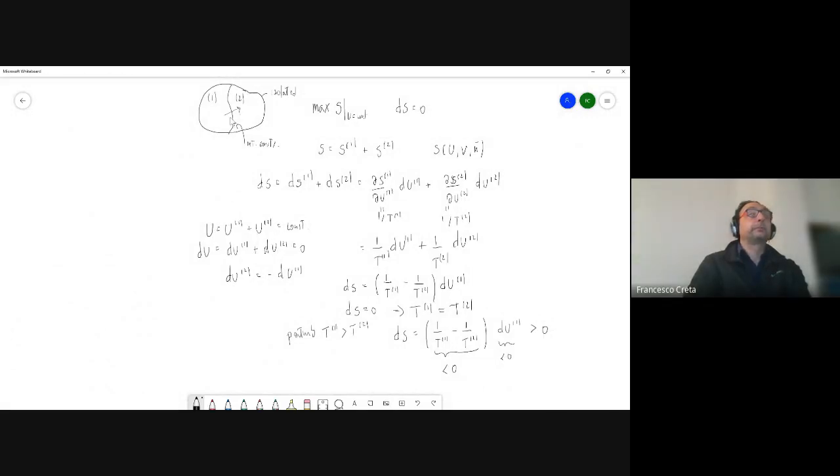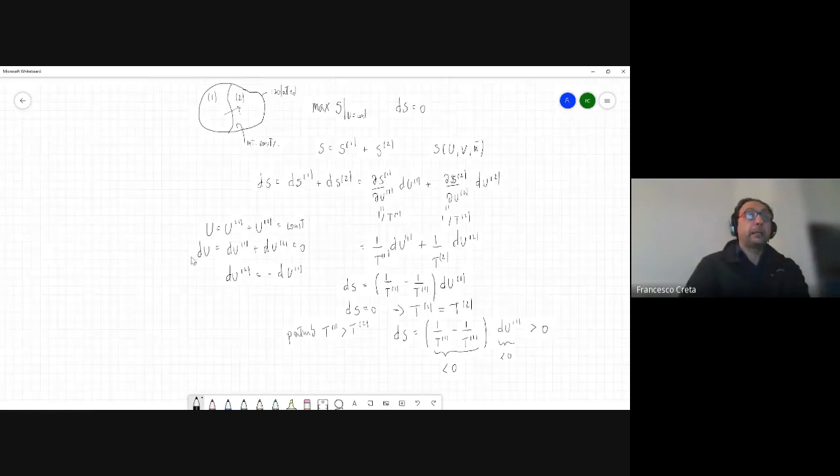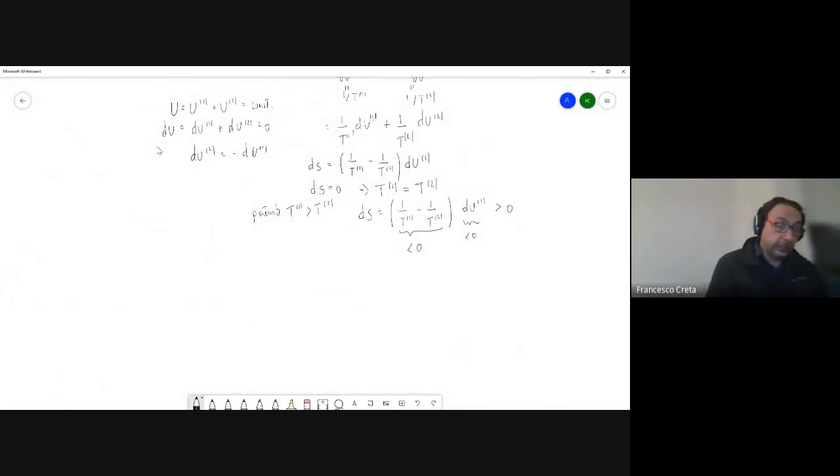So now you can have a substance move from subsystem 1 to subsystem 2. And again, you can see it in the notes. Don't let me, because otherwise it's going to last forever, but it's very easy to determine ds in this general case where the wall is also permeable, not just diathermal.